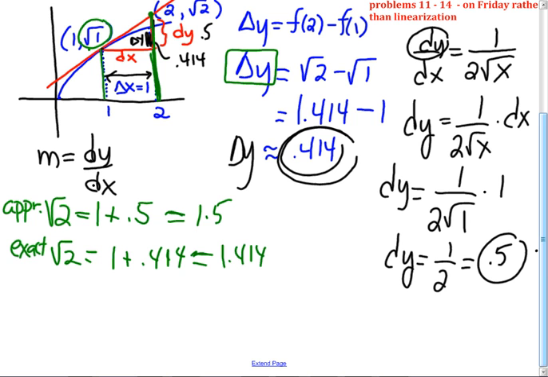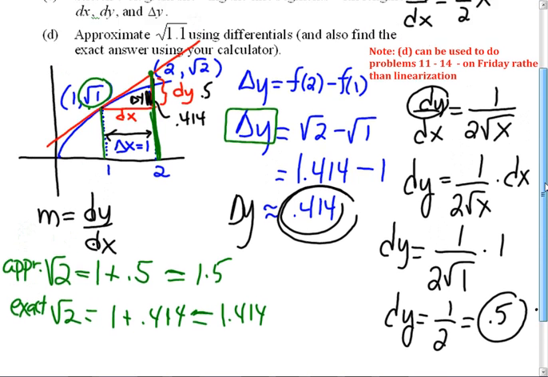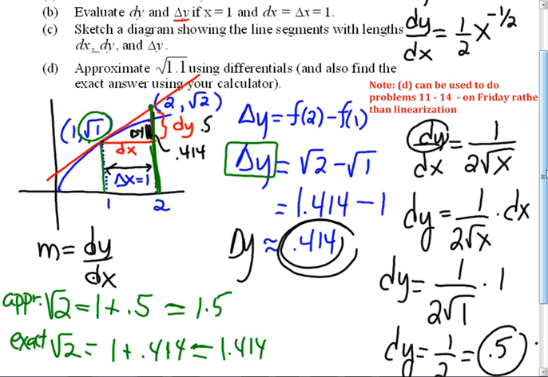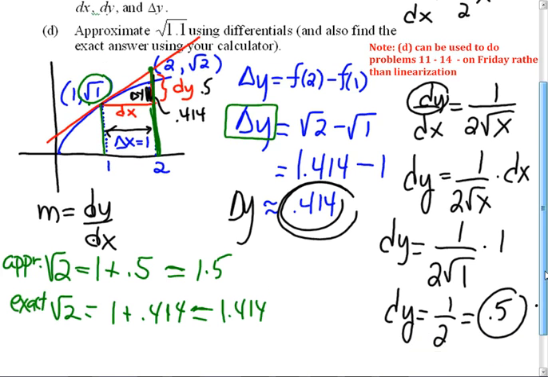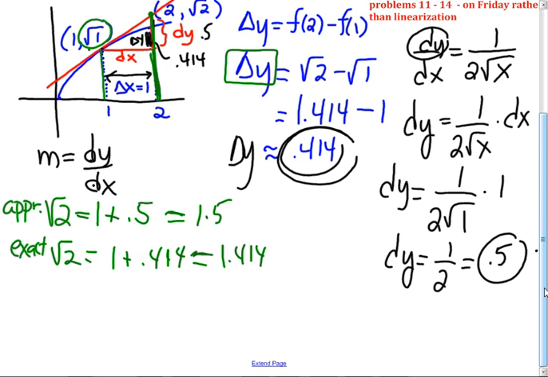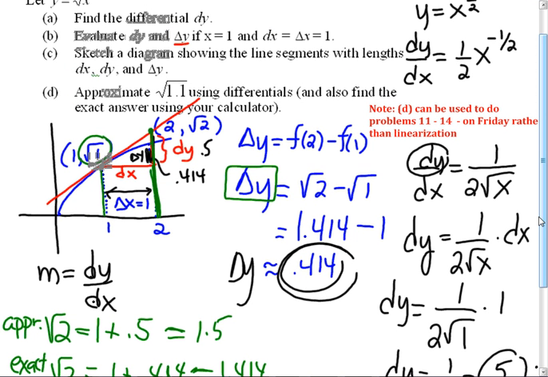Well, let's do the square root of 1.1. I'm going to get a new page, though. You're using dy to do the approximation. So let's do a problem. Now, delta x isn't very small here, so I'm off. What about 1.1? How good can I get there?